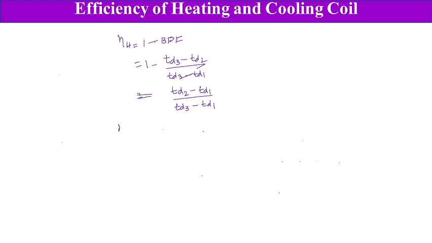So efficiency of cooling coil is again 1 minus bypass factor of cooling coil. So this is again given by 1 minus TD2 minus TD3 whole divided by TD1 minus TD3.